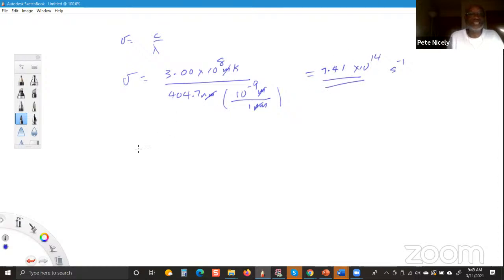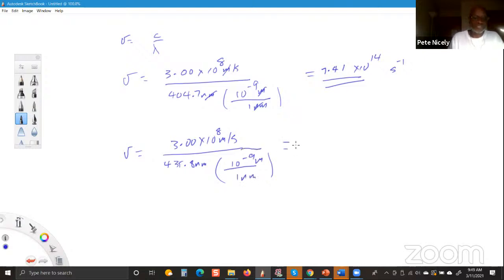And we do basically the same thing for the other wavelength. Same calculation, of course, different wavelength. So the wavelength in this case is 435.8 nanometers. And we multiply by 10 to the minus 9 meters over 1 nanometer.